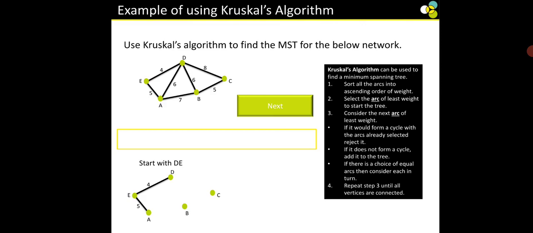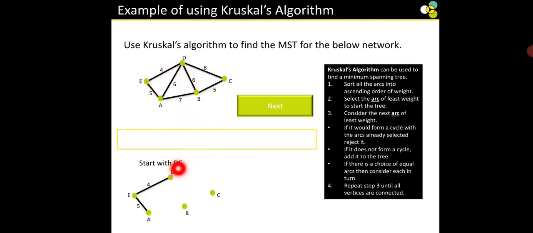We have to start with the small edges. First of all, we are starting with the smallest edge, that is D to E, because compared to all of these, D to E is the very minimum edge.